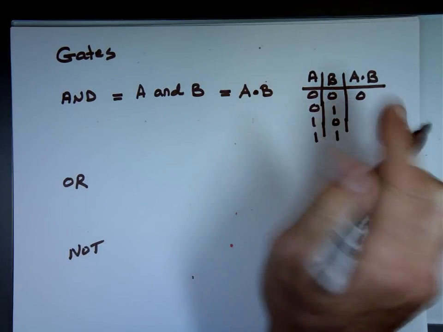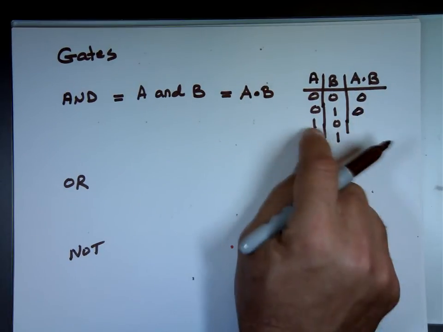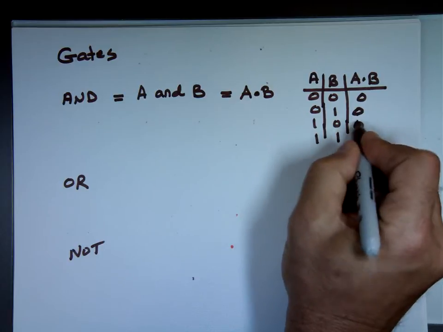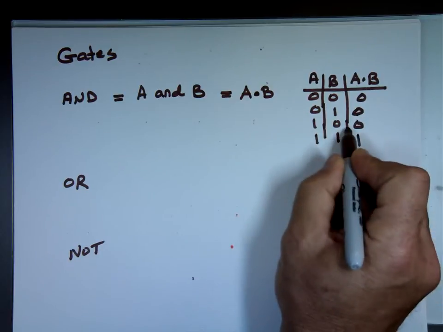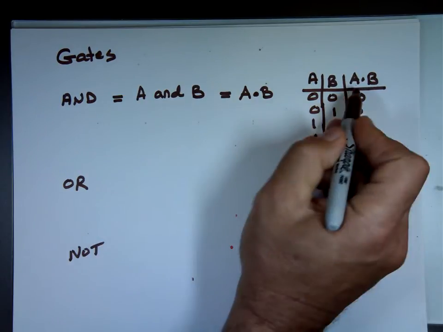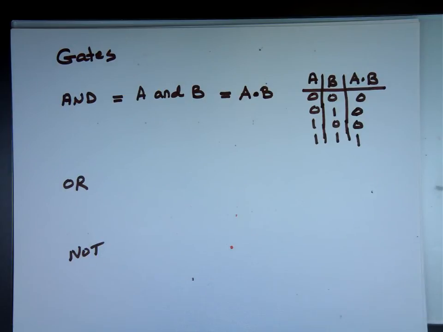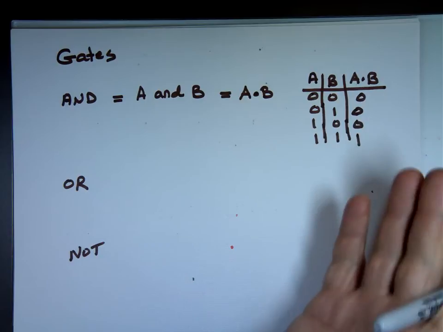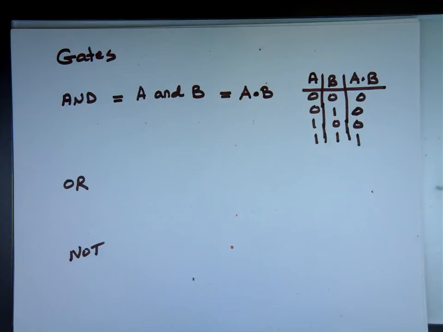What's 0 times 1? 0. What's 1 times 0? 0. What's 1 times 1? 1. That is actually the truth table for the AND gate. That's why they use the multiplication symbol to indicate it, but it's not really multiplication. It's a symbol for multiplication, but you're not multiplying like real multiplications. It's not 1 times 1. But the truth table works in that sense. It looks like you're multiplying the numbers, but that's the truth table for the AND gate.